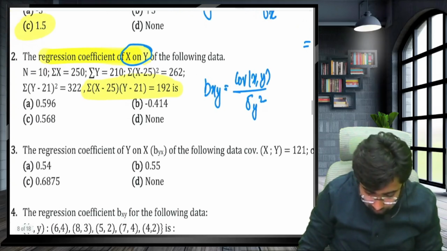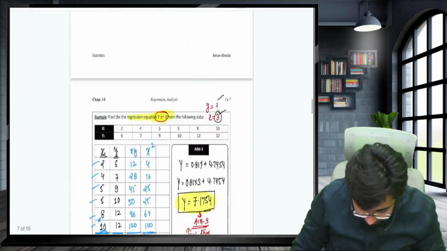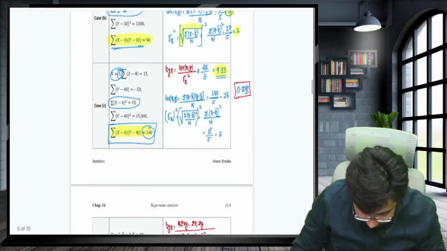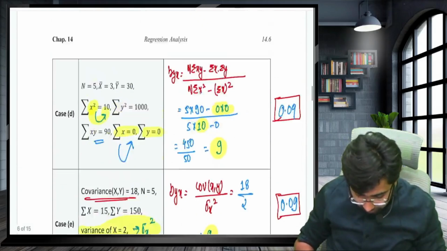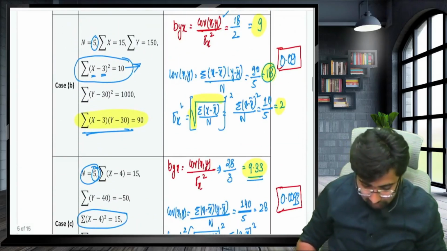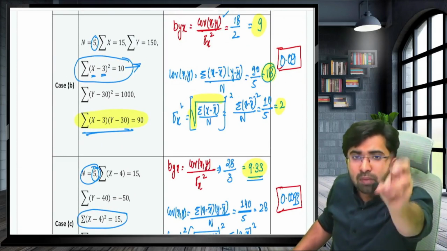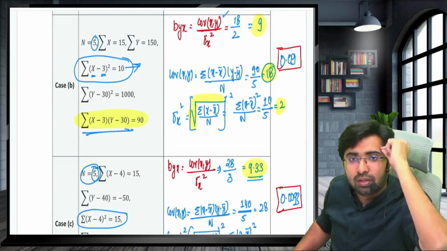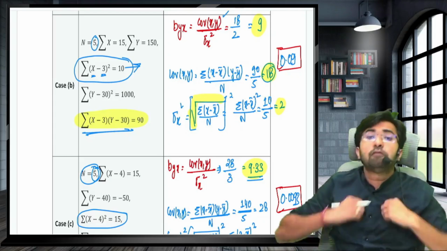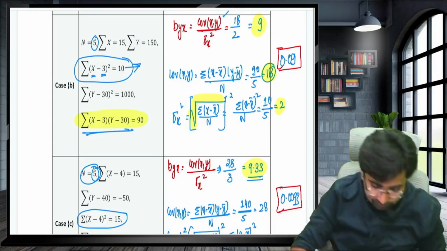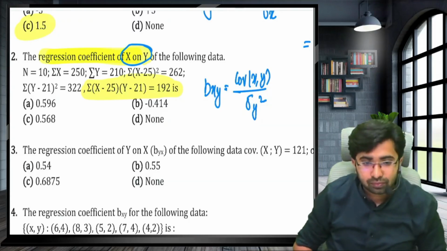Guys, we have solved this question also. If you go with the concept handbook, this was the data. You have solved this question in detail also. I have taken 2 cases, more than 3 cases. Guys, you can clearly see, if you solve the concept handbook twice with understanding, no need to solve anything extra in statistics. Everything is covered in detail. Guys, give me the answer of this.